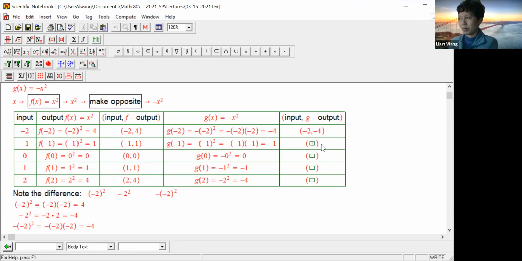For g output, -1 gives -1, 0 gives 0, 1 gives -1, and 2 gives -4.